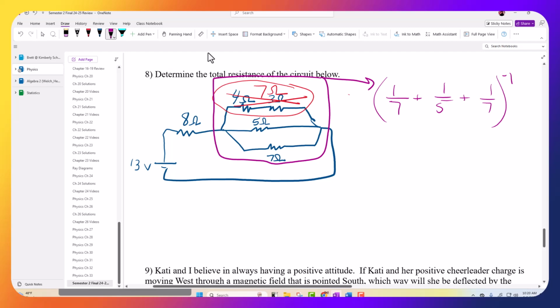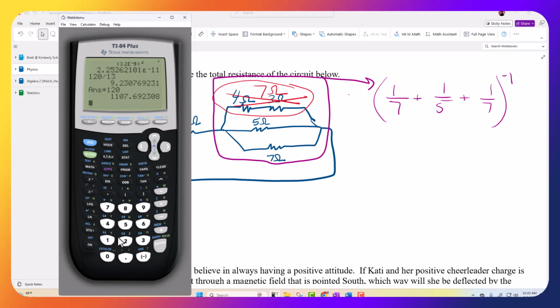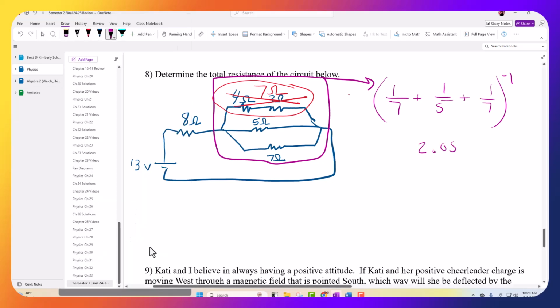Grab my calculator: 1 over 7 plus 1 over 5 plus 1 over 7, all raised to the inverse, is going to be 2.059 ohms. That is for this parallel connection.